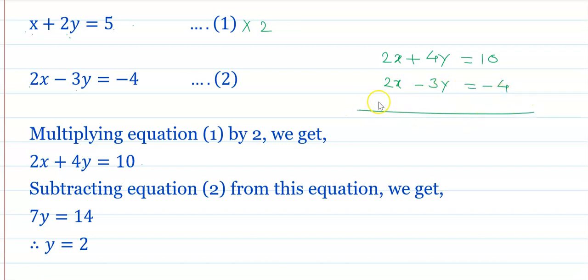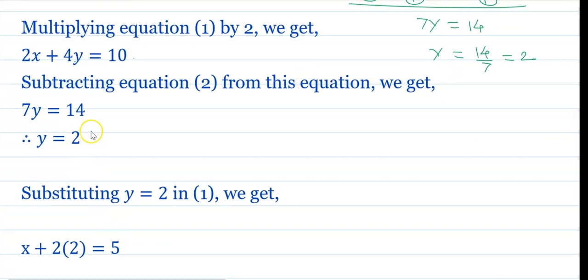Now for the subtraction, change the sign: plus becomes minus, minus becomes plus. Okay. Now these two get cancelled. You will get 7y, 10 plus 4 is 14, and therefore y is equal to 14 upon 7, which is equal to 2. Okay, y is 2.